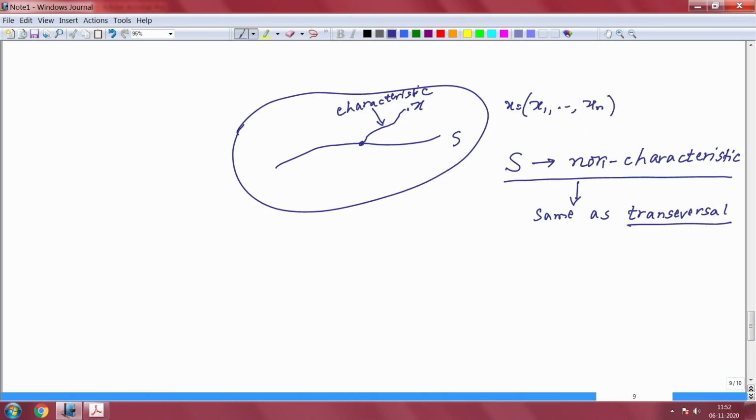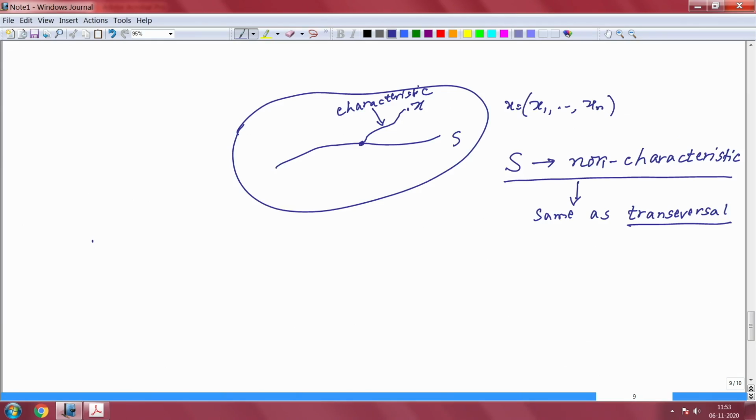Let me just quickly explain what that non-characteristic means and why the non-characteristic Cauchy problems are somewhat easier, and characteristic Cauchy problems in general demand more conditions on the initial data, as we see in an example even in just two dimensions. So, what is this non-characteristic?